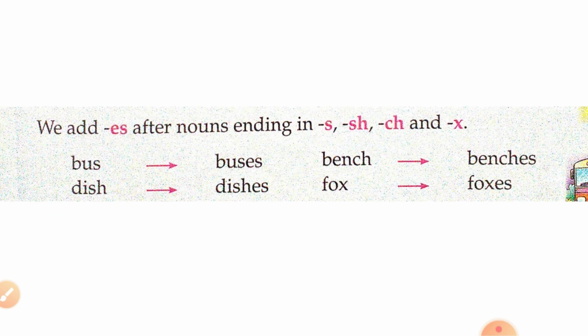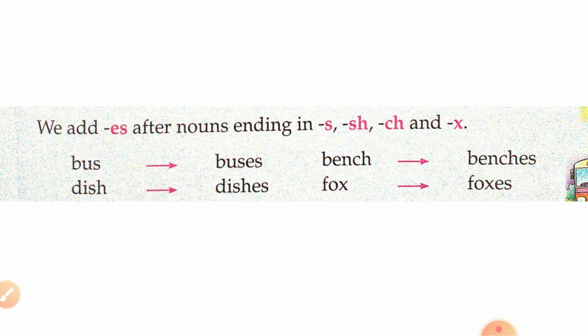See, we add es after nouns ending in s, sh, ch and x. We add es after the noun which ends with s, sh, ch and x. See how. First is bus.